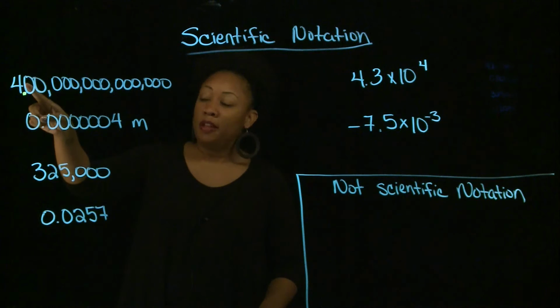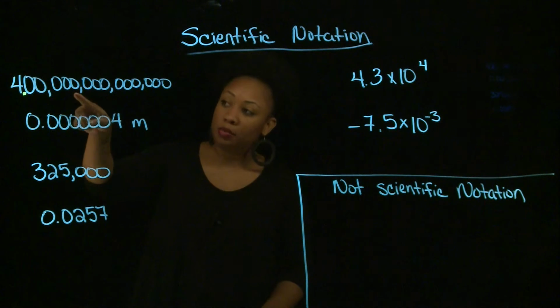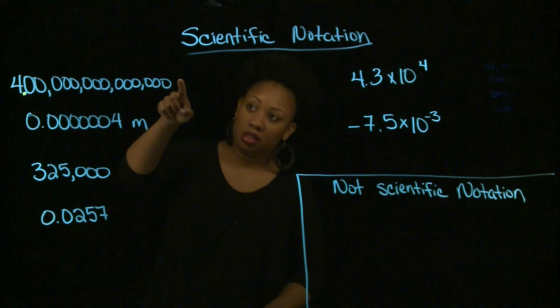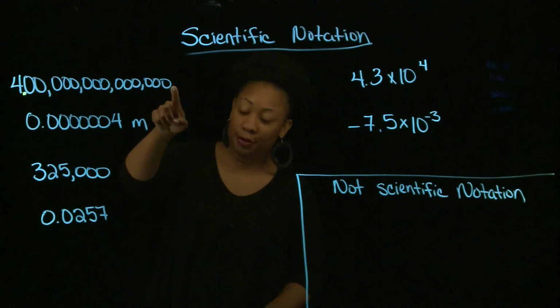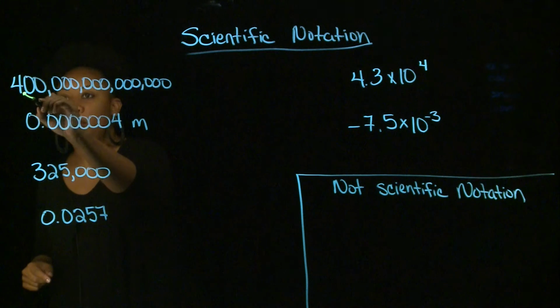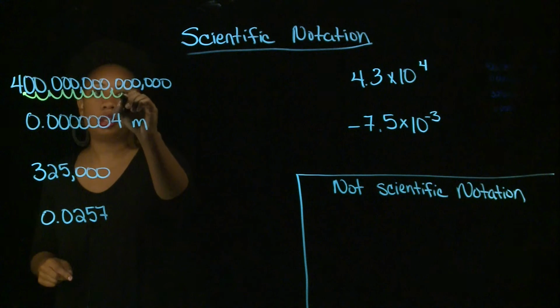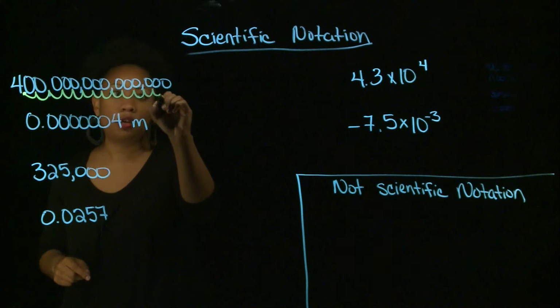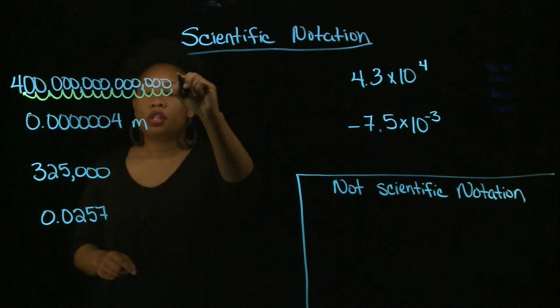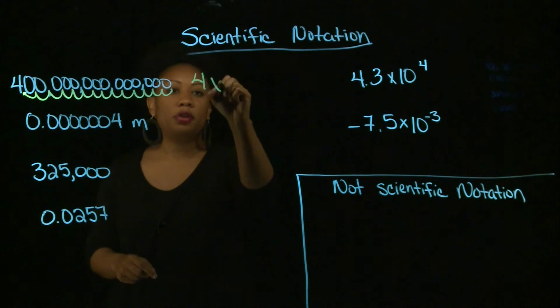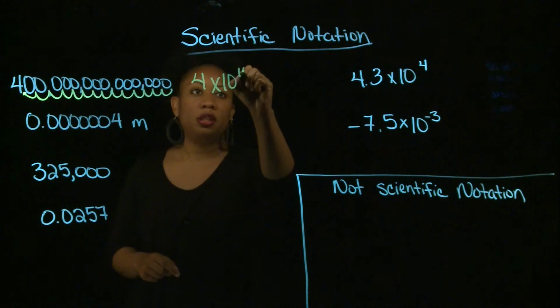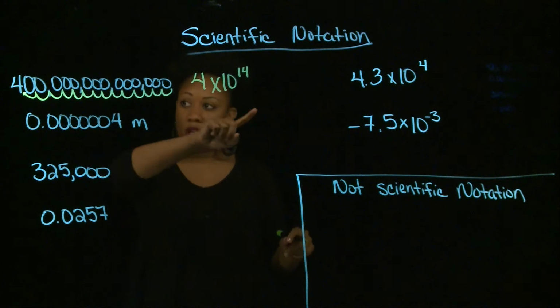Then you're going to count how many times it takes to move the decimal point here: 1, 2, 3, 4, 5, 6, 7, 8, 9, 10, 11, 12, 13, 14. So we would write this as 4 times 10 to the 14th, which is a lot smaller than writing that out.